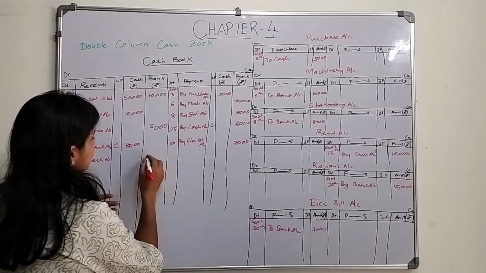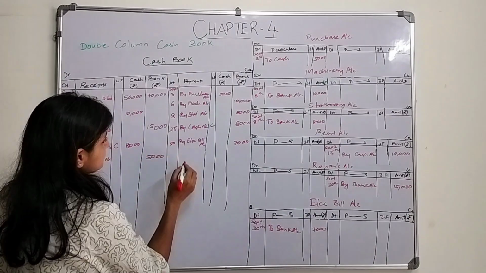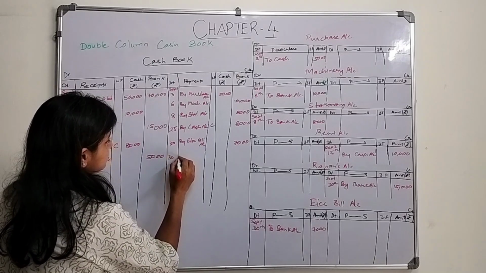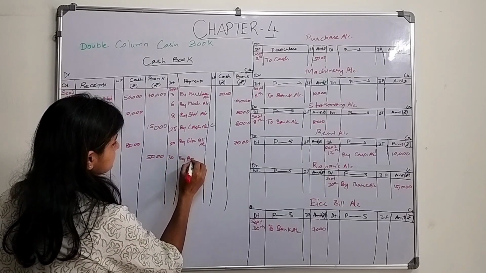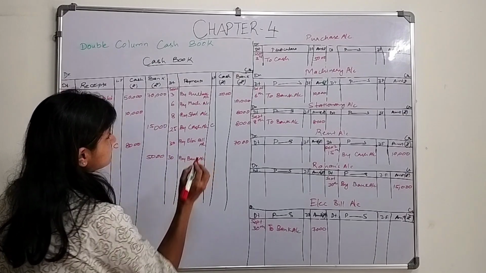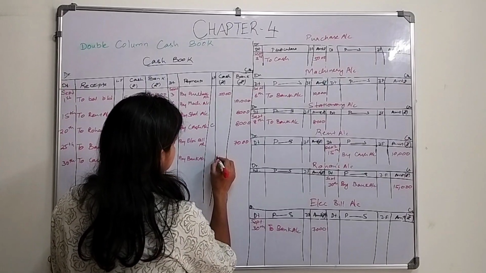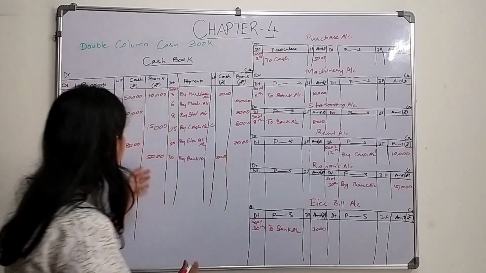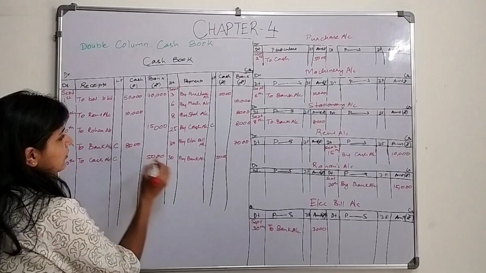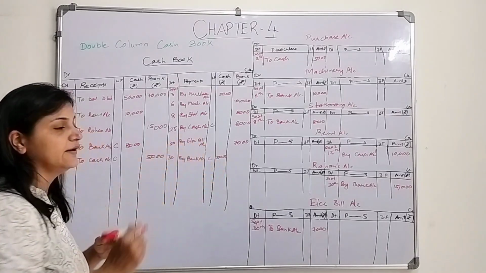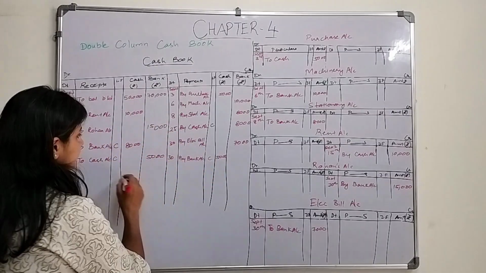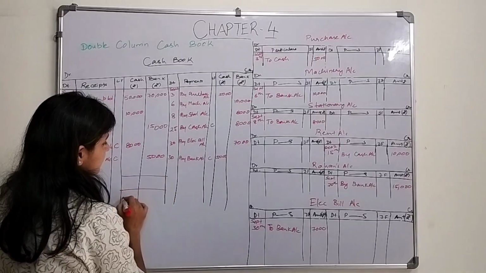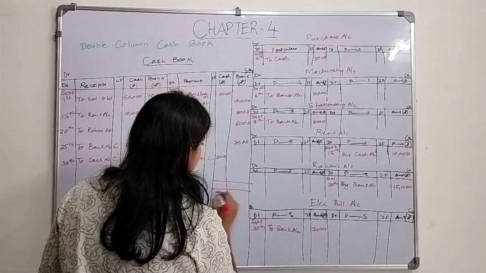How much I said? Let's say 5,000. Okay, this is a contra entry. We'll write C, and then we'll take out the balance. How much is the balance?